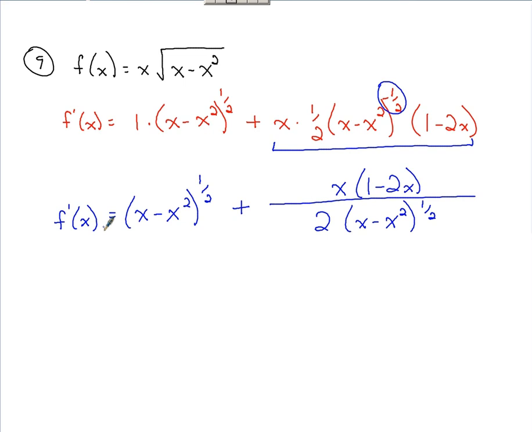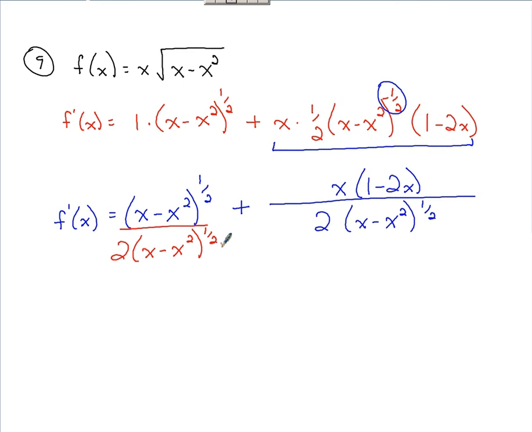Now it's time to find a common denominator so we can create one fraction here. Common denominator is going to be this 2 times this quantity raised to the 1/2. So over here, as I set up a fraction for that piece, I need a 2 times a quantity of x minus x squared raised to the 1/2 in the denominator.